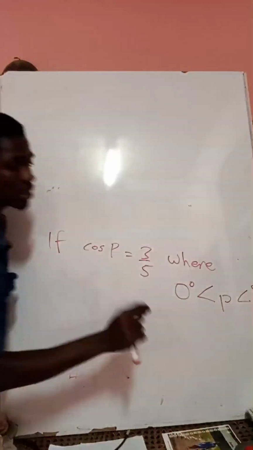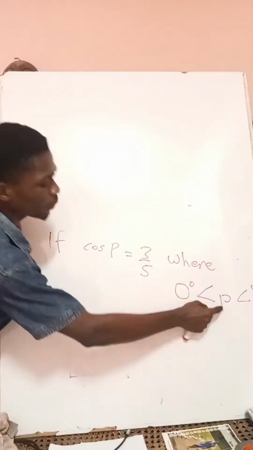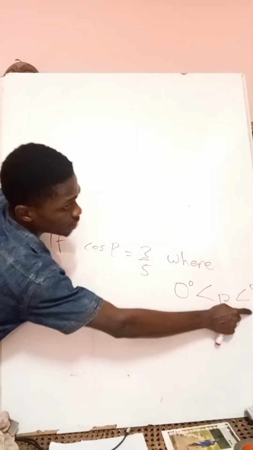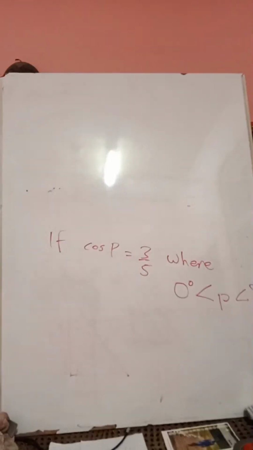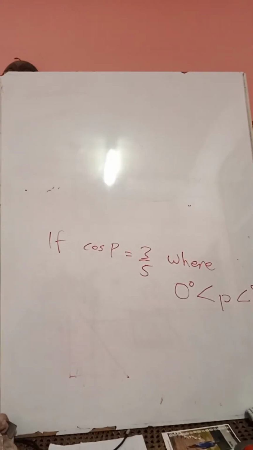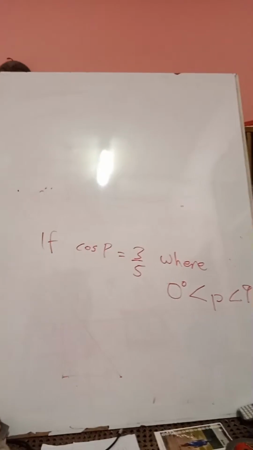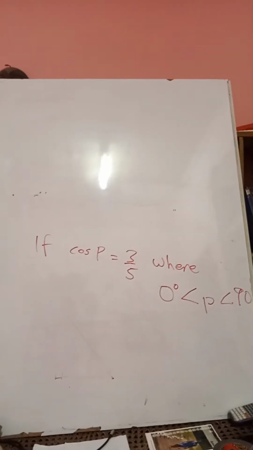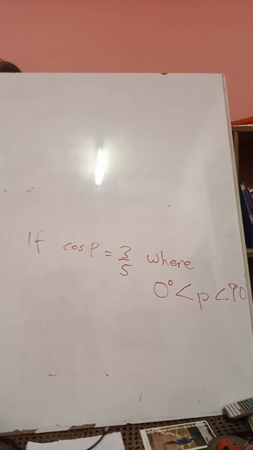When you are going this way, it has closed, so it's less than. So P is greater than 0 degrees and also less than 90 degrees, which means P is an acute angle.